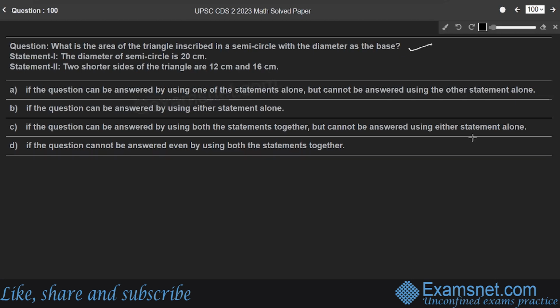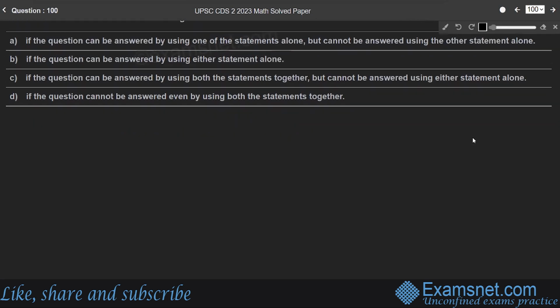Question number 100. What is the area of the triangle inscribed in a semicircle with diameter as the base? So to find the area of a triangle, inscribed in a semicircle, we'll consider a semicircle like this. With the diameter as the base, we'll draw a triangle.